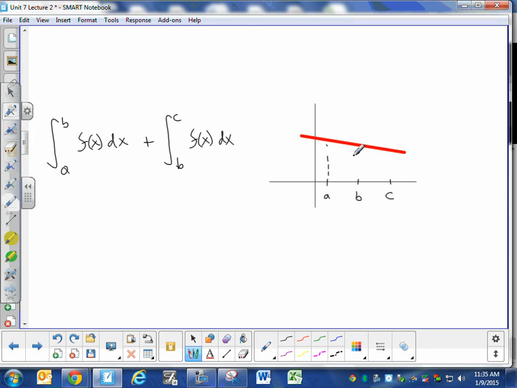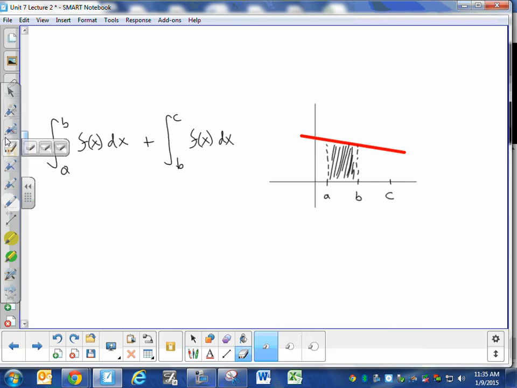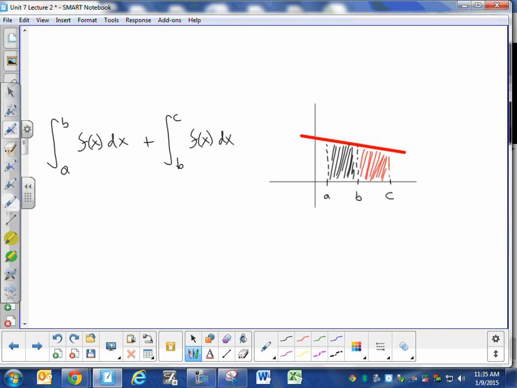So the integral from a to b, that's essentially the area under f of x from a to b. And from b to c, that's the area from b to c. What do we think this equals?